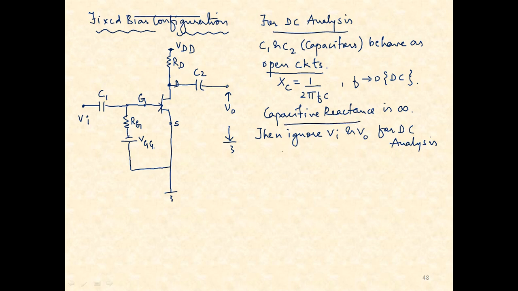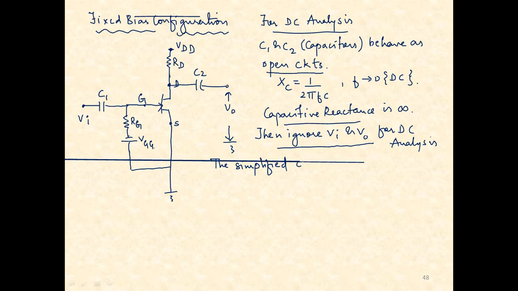This is the most important step, the assumption that we are supposed to make for DC analysis of all the configurations. Once we do this, the simplified circuit is as drawn.